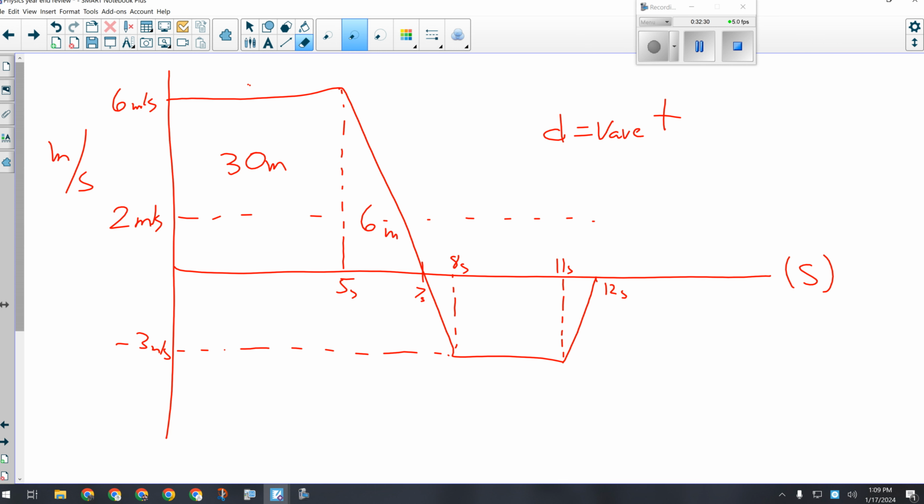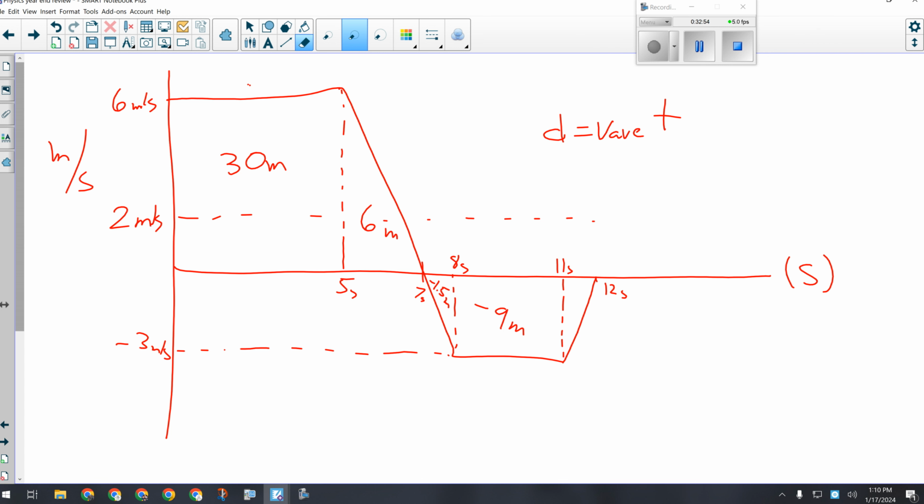Then I've got this little triangle here that's 1 on the base and 3 high. So 1 times 3 is 3, divided by 2 is 1.5 meters, but negative. And then I've got this box that is 3 seconds on the base and negative 3 high, so it's negative 9 meters. And this one here is identical to this one.